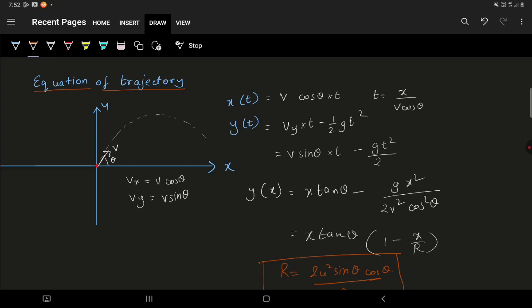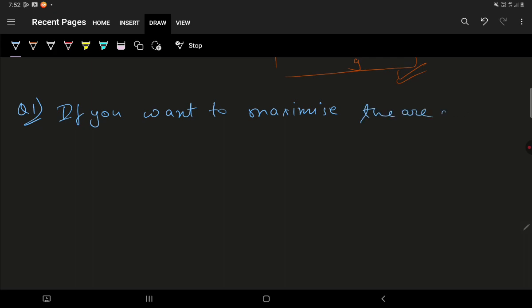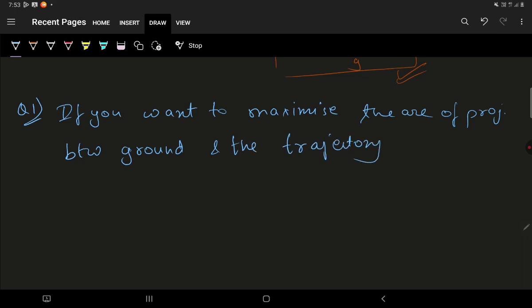So let's get started. Now the first question is, if you want to maximize the area between the ground and the trajectory of the projectile, what theta will you choose?